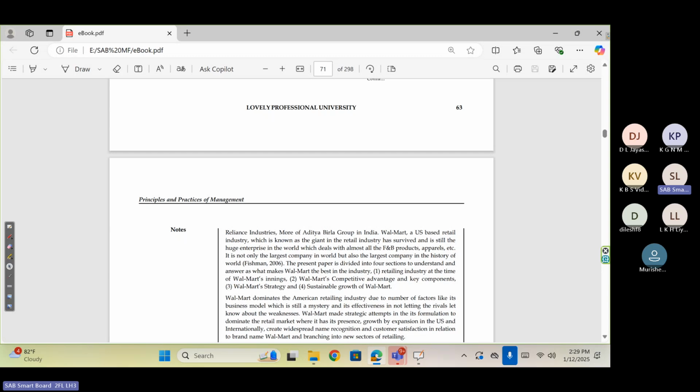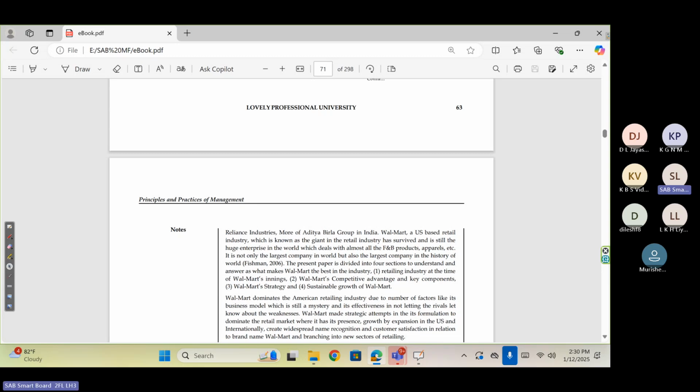The giant in the retail industry has survived and is still a huge enterprise in the world, which deals with almost all the food and beverage products, apparels, etc. It is not only the largest company in the world, but also the largest company in the history of the world. The present paper is divided into 4 sections to understand and answer what makes Walmart best in the industry.